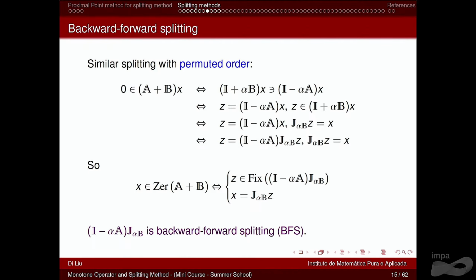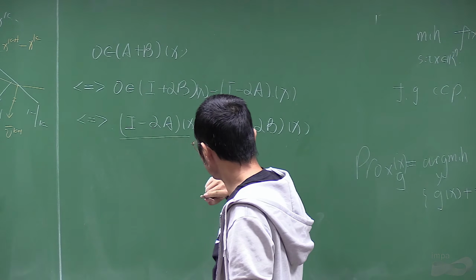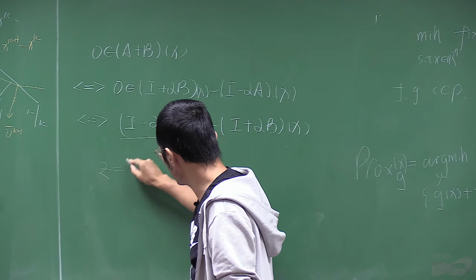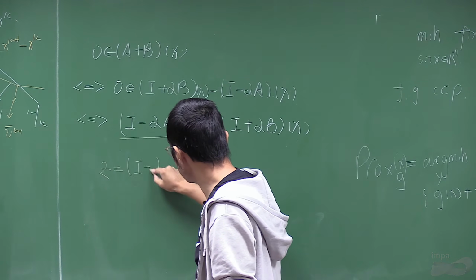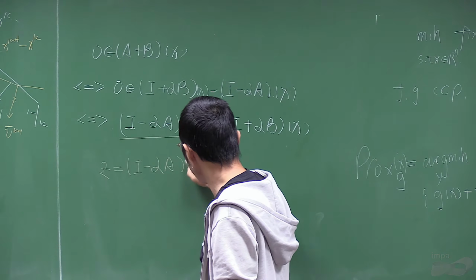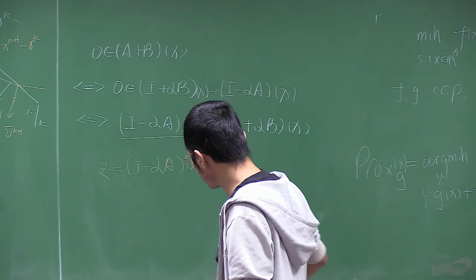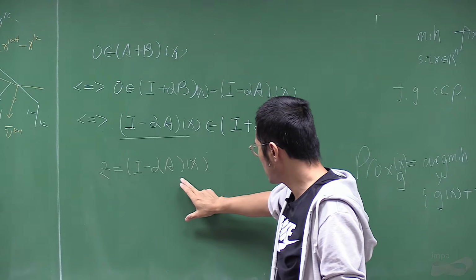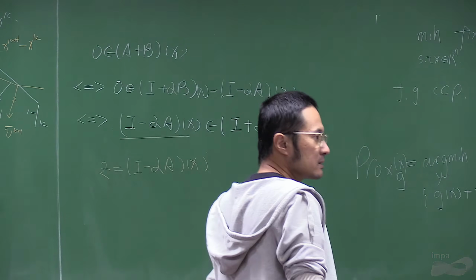So we define Z equals I minus alpha A at X. Okay? I think I made a mistake.